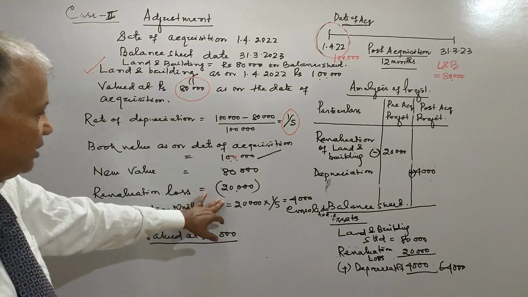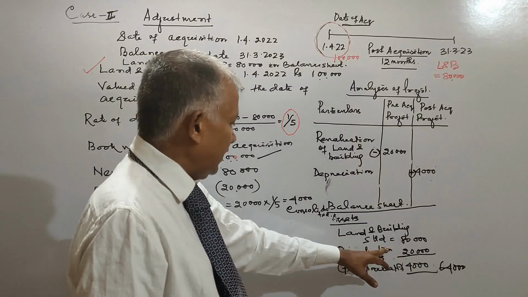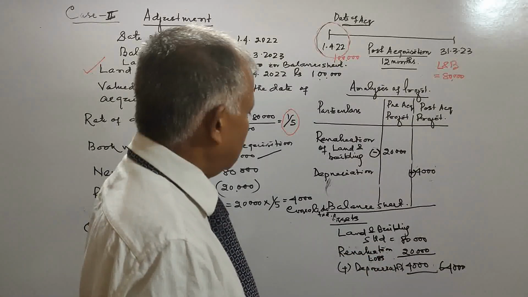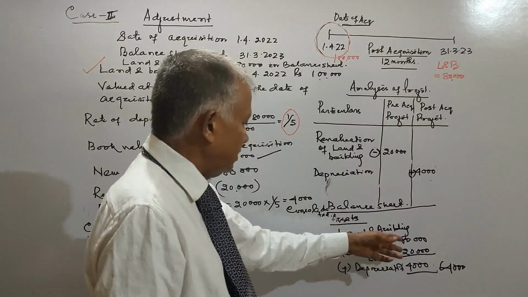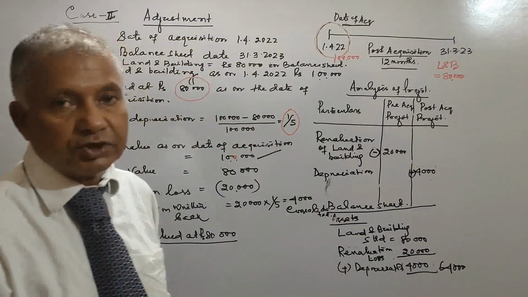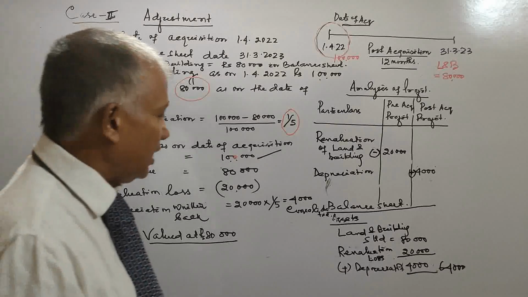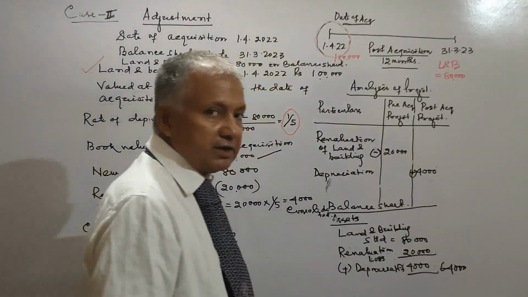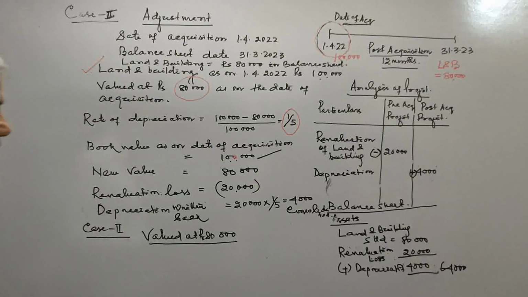Here there is a revaluation loss, and if we take the value that is 80,000 and revaluation loss is 20,000, depreciation will be added because excess depreciation we had provided, and the value will be 64,000, right?